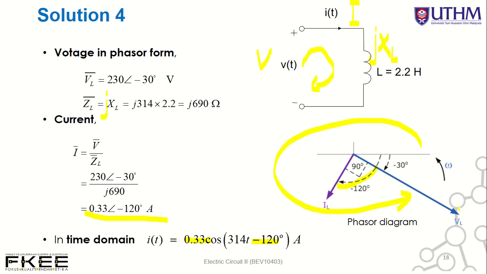Voltage still leads current by 90 degrees. Whatever the angle of the supply voltage, the angle difference between current and voltage remains 90 degrees. Voltage leads current by 90 degrees.